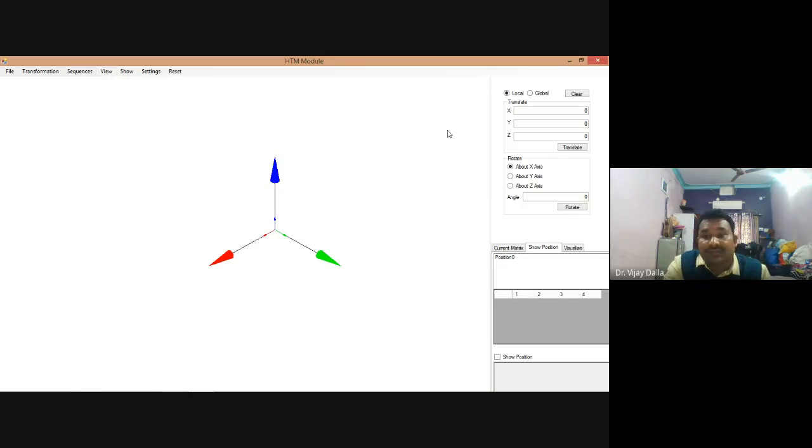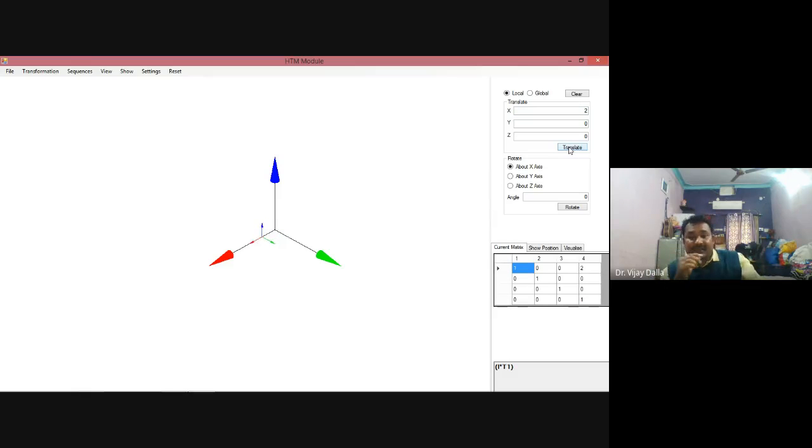Now we want to see the motions along the x, y, and z axes. So I'm putting a value of 2 in the x-axis, x is equal to 2. Now see the changes.